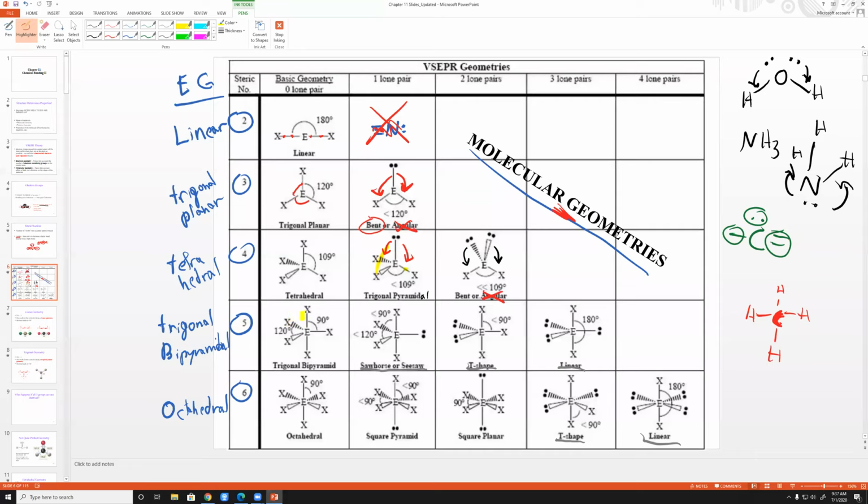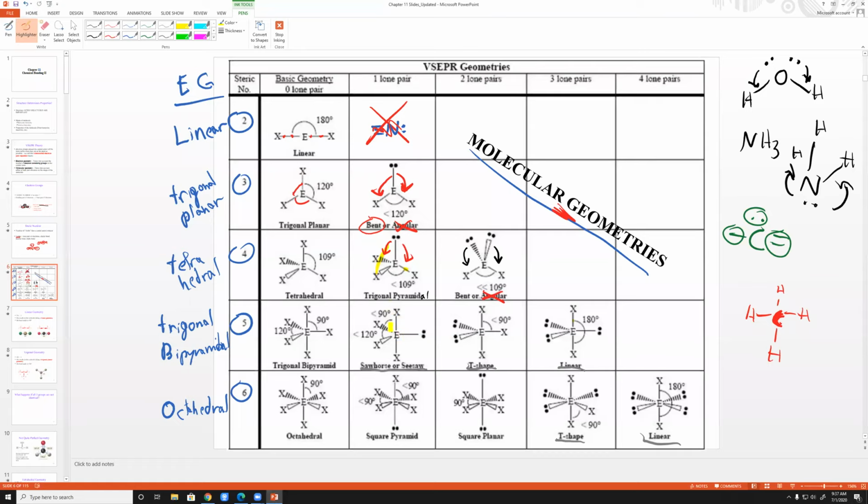So for the electron geometry, they're all trigonal bipyramidal. When you have no electron pairs, it's still trigonal bipyramidal for the molecular geometry. And then you can see what happens when you increase the amount of pairs and decrease the amount of bonds. If you make it 1 pair, they call it sawhorse or seesaw, which basically means that these two atoms are going to be staggered in one direction, and then you have one on each side.